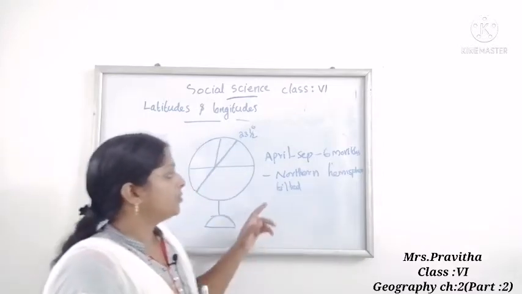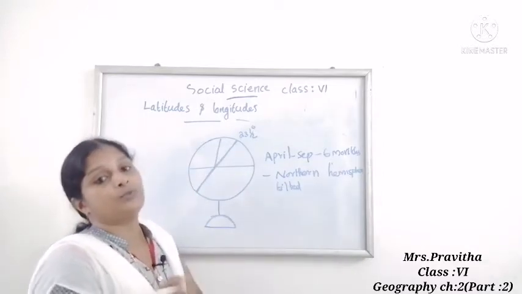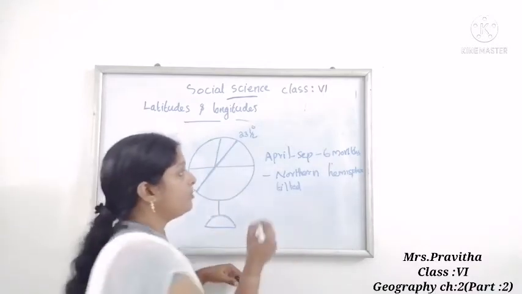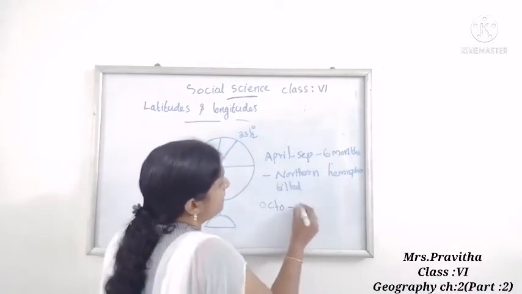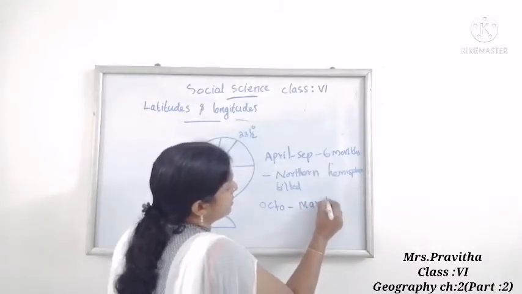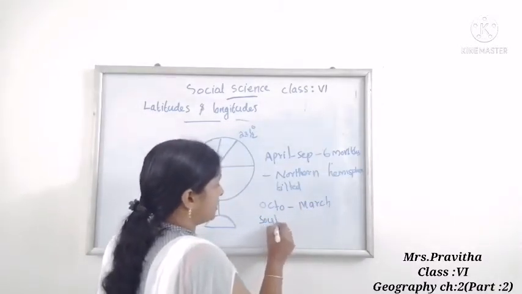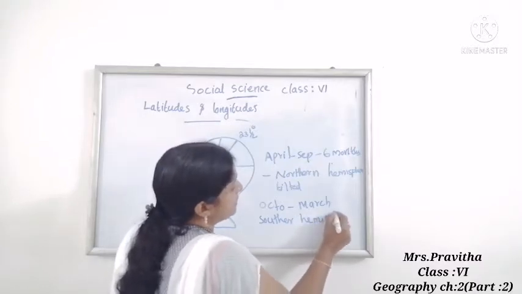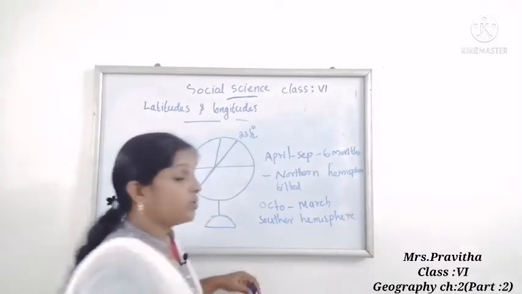Next, what about the southern hemisphere? The southern hemisphere is tilted towards the sun from October to March. At that time the southern hemisphere will get more sunlight.